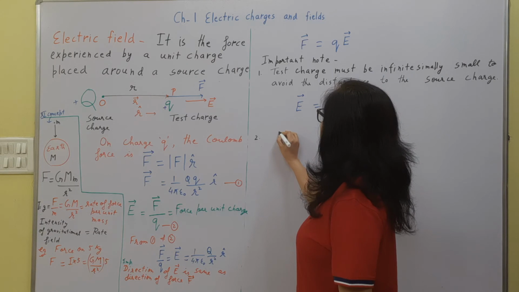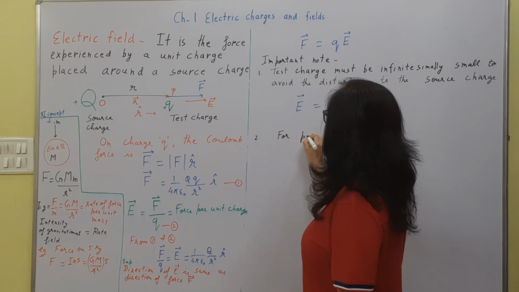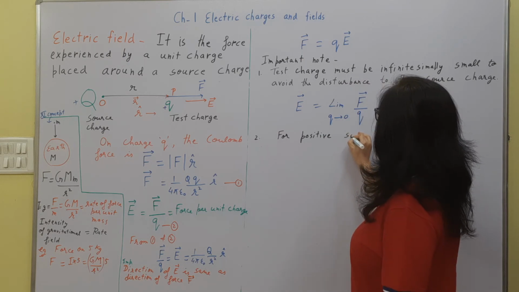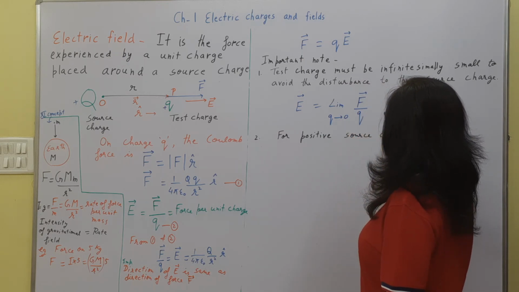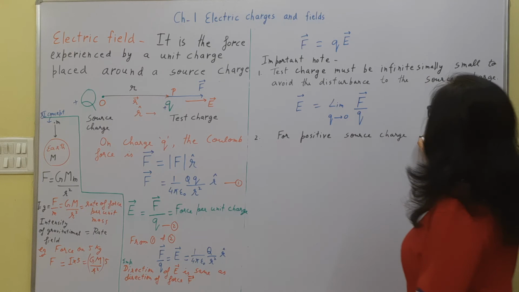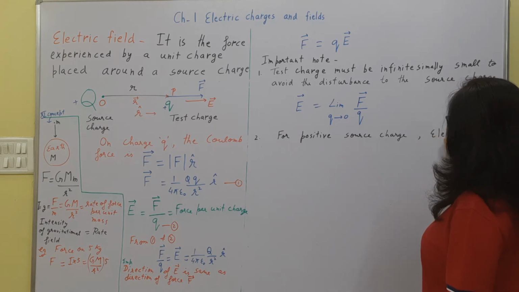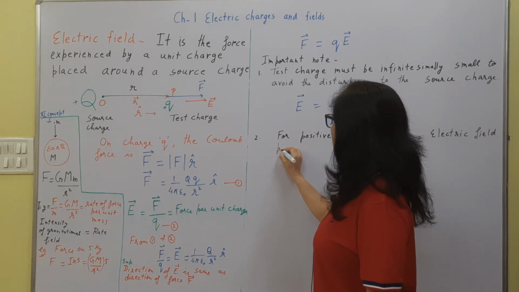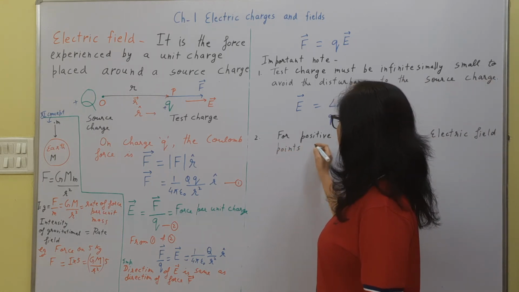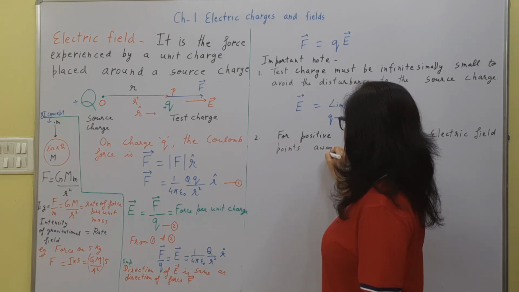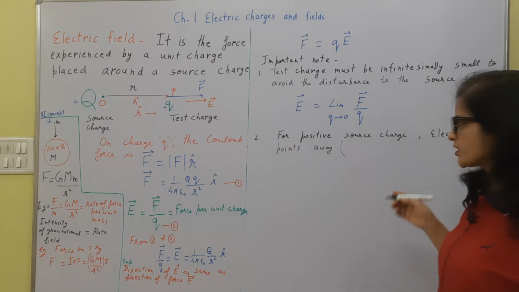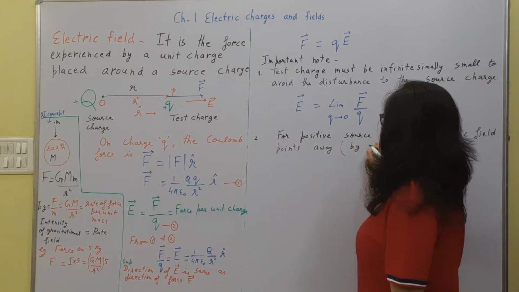So for positive source charge, electric field points away, because by convention we take test charge as positive only.